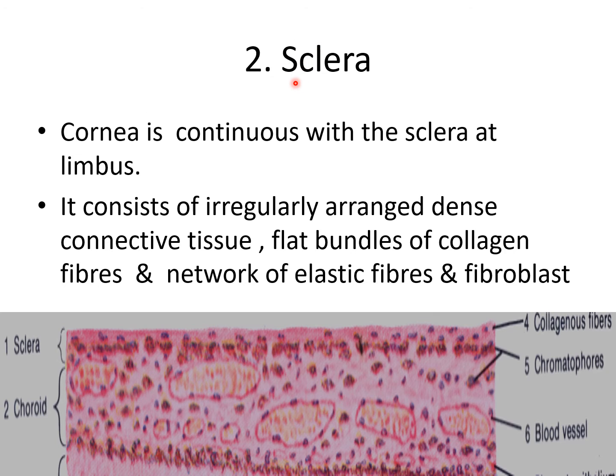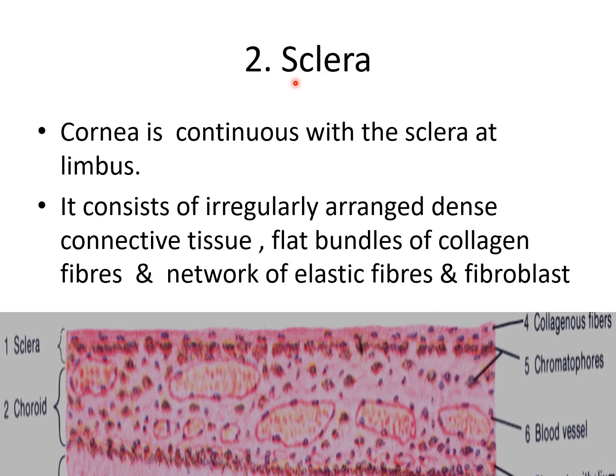Now the second slide is the sclera. The cornea is continuous with the sclera at the limbus. The outer wall of the eyeball is formed in the posterior five-sixths by a thick white opaque membrane called the sclera. The sclera consists of white fibrous tissue, collagen fibers, some elastic fibers, and connective tissue cells, mainly fibroblasts.